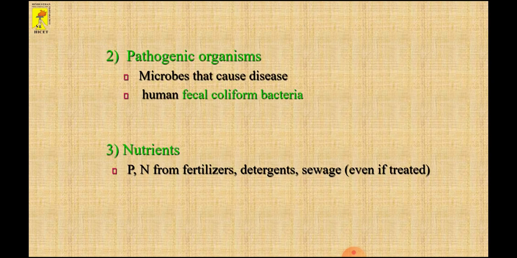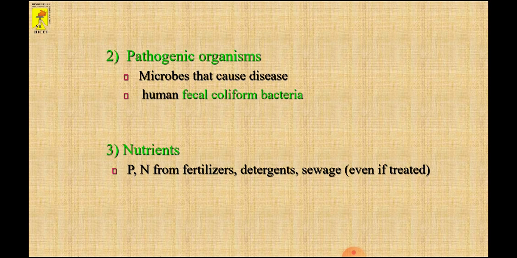Then pathogenic organisms, meaning the presence of microbes like bacteria, virus, fungi, and some protozoans in the rivers, which cause a variety of diseases to human beings and animals. Then the presence of plant nutrients.